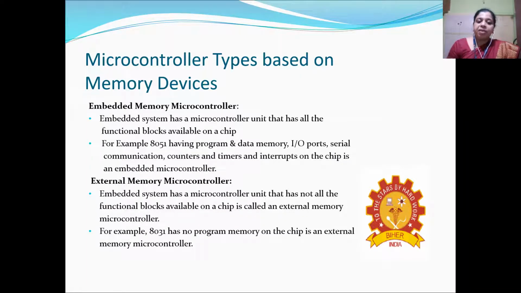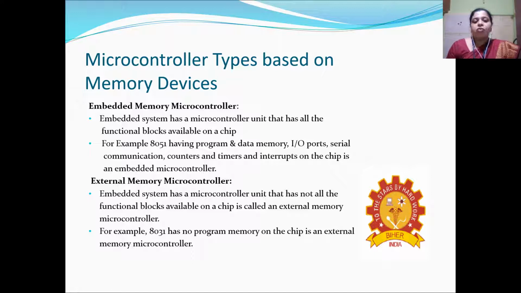Next, based on the memory devices, first we have the embedded microcontroller. In this, the different functional units, such as program memory, data memory, the input and output ports, and the counters and timers, then for communication the serial communication block, and for providing interrupts the interrupt block, all these are embedded in a single chip.